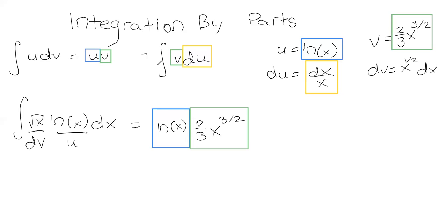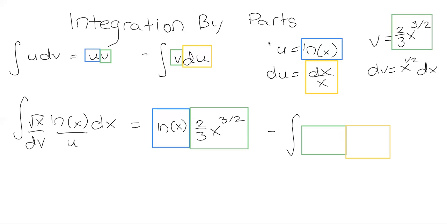And then after that, we have to do minus the integral of v times du. v is here. And then du is just going to be right next door to the v.